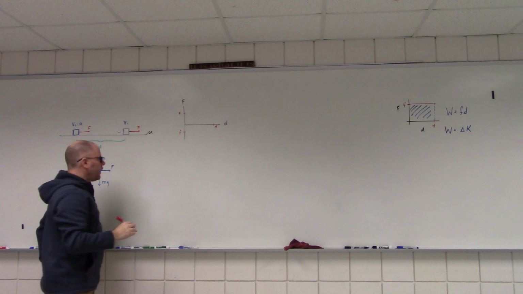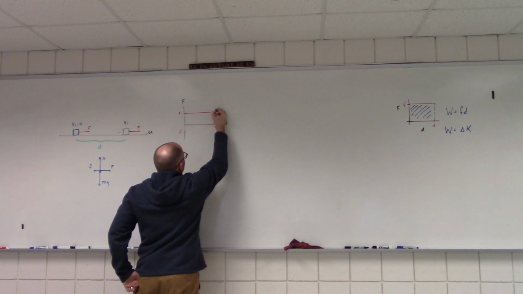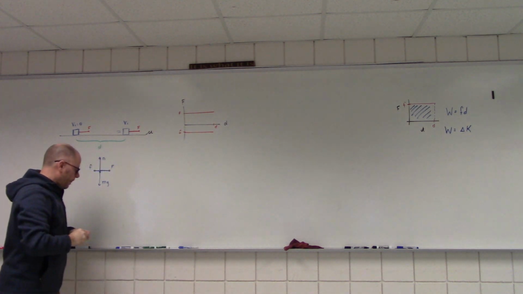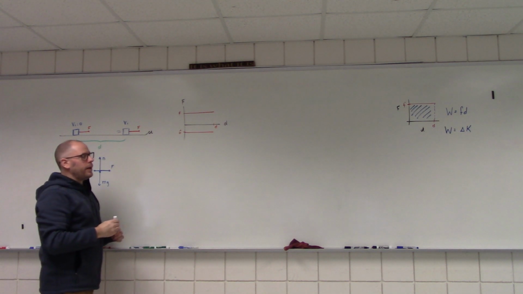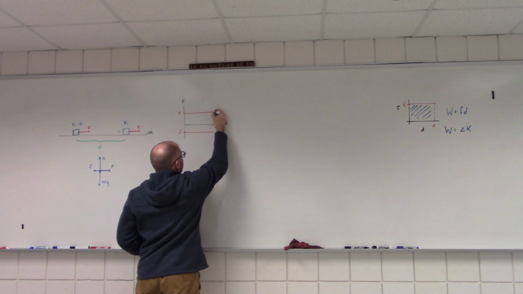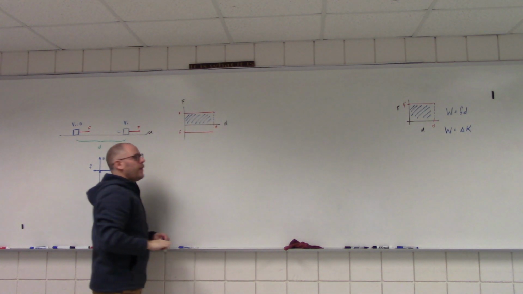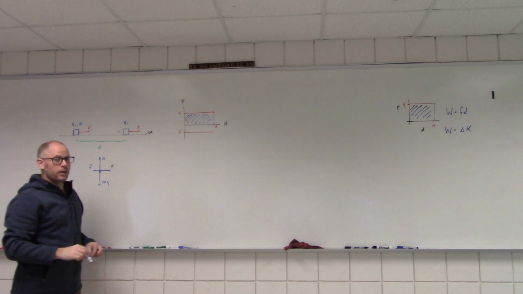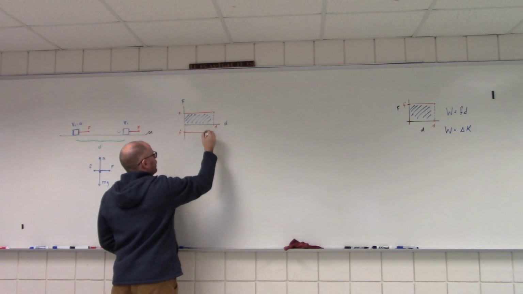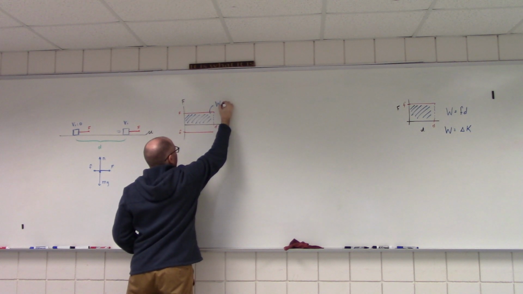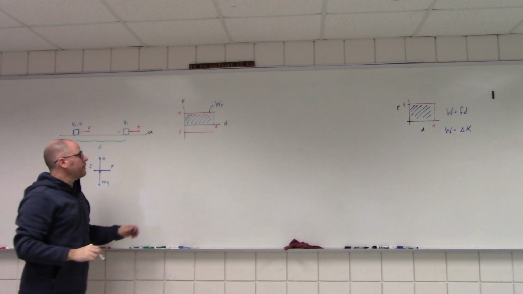And so when I look at this like this, I know that my work done is the area here, so if I drop this down, that's the work done by the force. So I'm going to call this WF, the work done by the force.